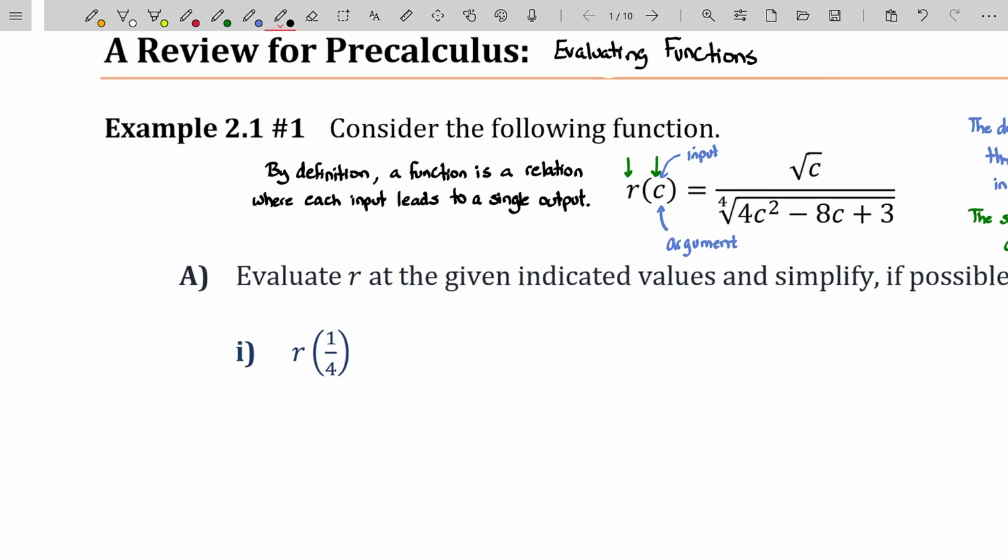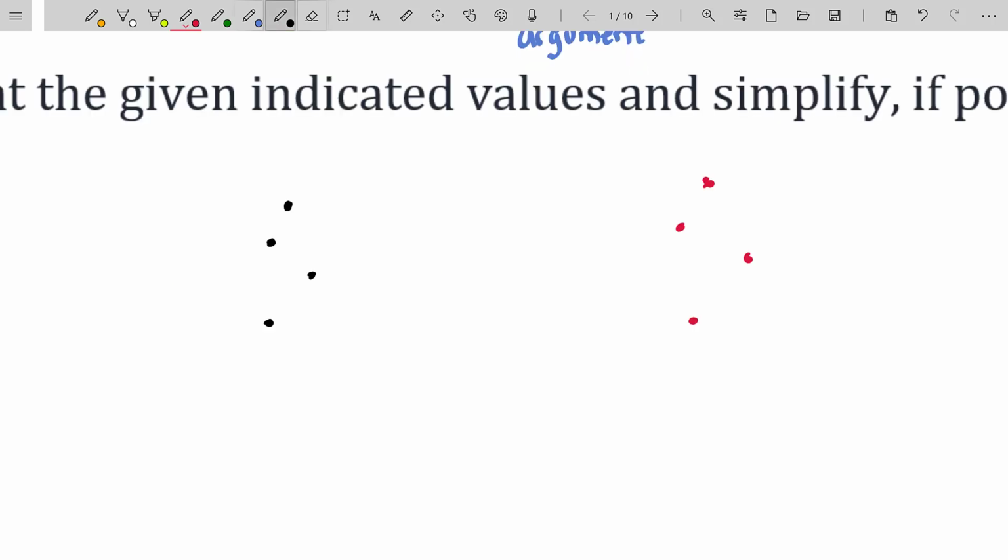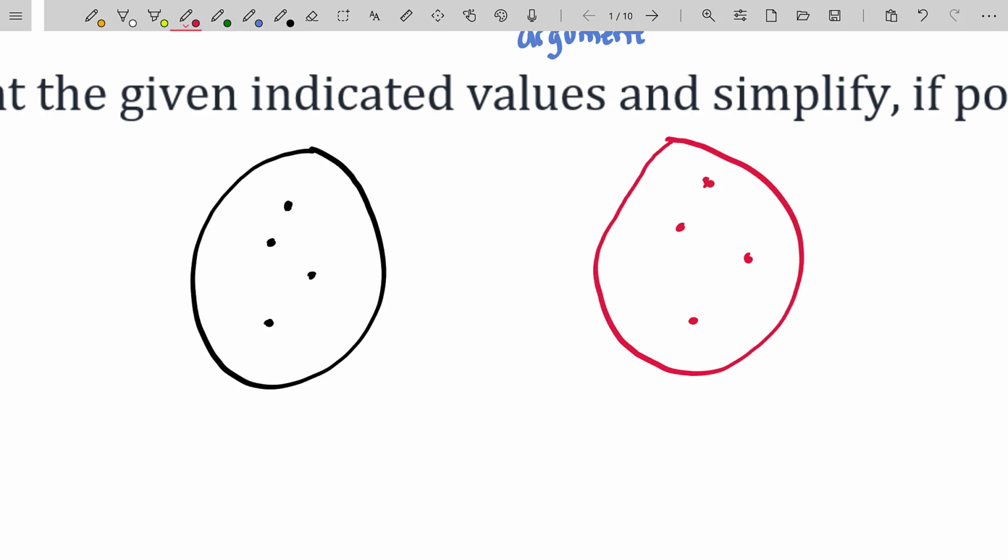Another thing that I should mention is that a lot of people confuse a function with an invertible function. A function only needs the following. Each input leads to a single output. If the black dots here comprise the set of inputs for some function, for example, and the red dots comprise the possible outputs or the possible range for the function, that means that this black dot can only lead to a single red dot.